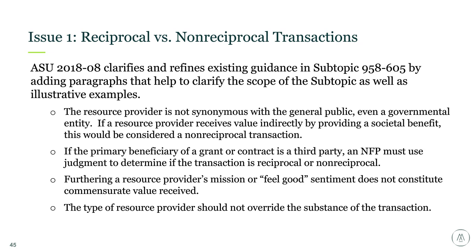Also, if you are receiving funds and you're getting that feel-good sentiment, that does not constitute commensurate value. And then the type of resource provider should not override the substance. So again, this is really a principle-based standard.